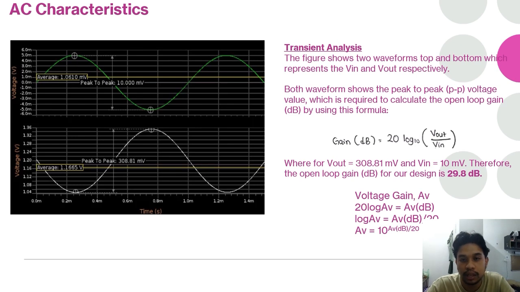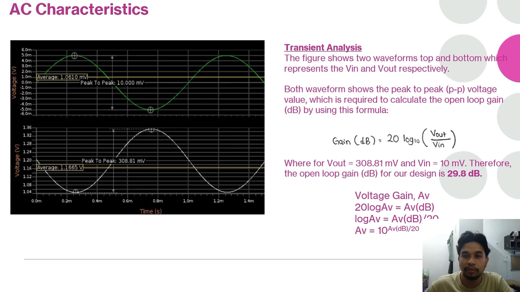AC characteristic consists of transient analysis. Transient analysis figure shows two waveforms that represent V in and V out respectively. So the upper part is the V in graph, and the bottom is the V out graph.